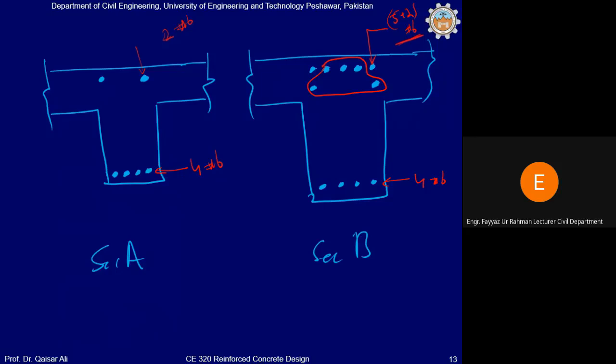Clear? And of course there will be steps at which spacing, this we will discuss in the shear design. मगर स्टेप 12 होंगे, सही?